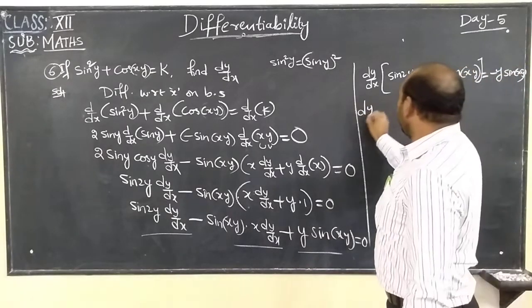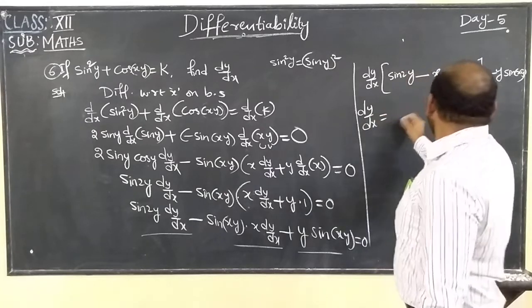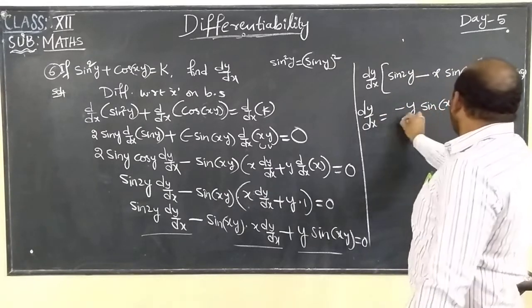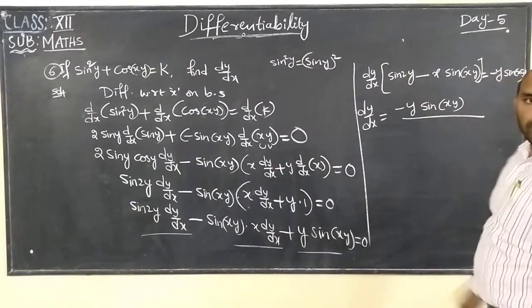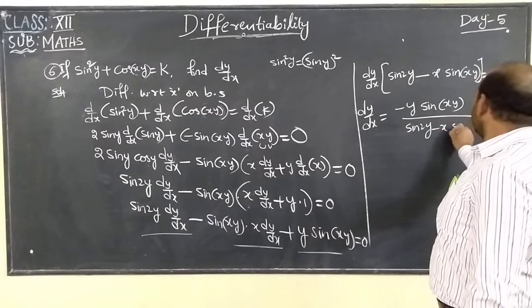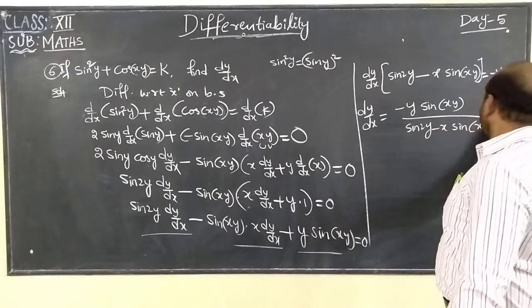So dy by dx is equal to minus y sin of xy upon, taking this term into the denominator, sin 2y minus x into sin of xy.